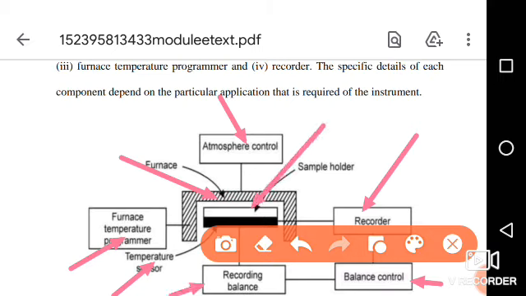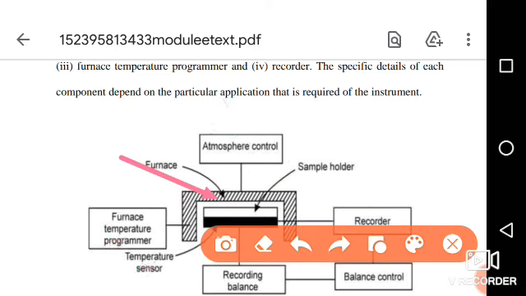So when we put the sample for continuous heating, we measure the change in quantity, that is the weight of the substance, by means of the balance. So recorder and balance is there.